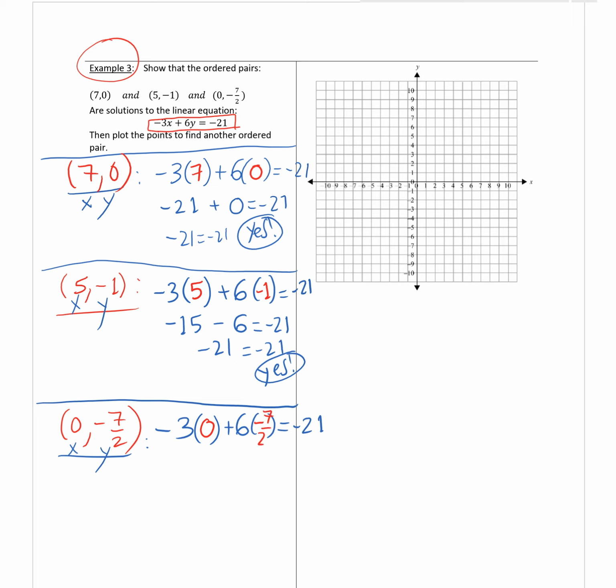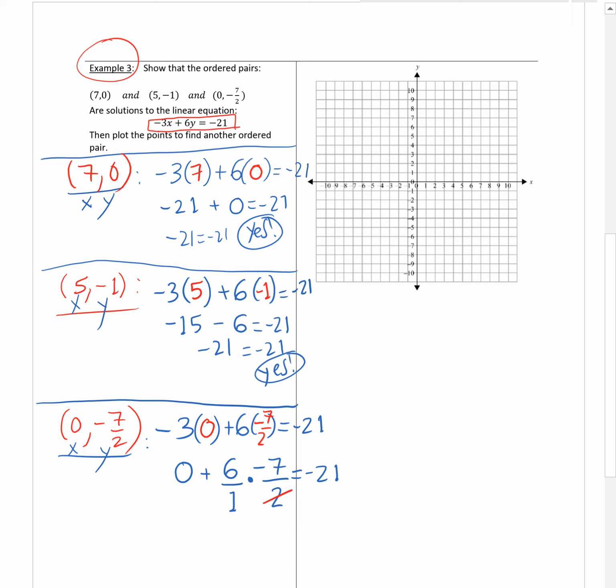Well, I kind of like the way the x coordinate being 0 is interacting. Negative 3 times 0 is 0. That's nice. Let me be careful here. I've got 6, and I'm trying to multiply it by a fraction, so I better put it over 1, multiplied by negative 7 halves. I don't know why I put the negative in the numerator. It doesn't really matter, like we discussed before. But now that I see these, I want to reduce before I multiply.